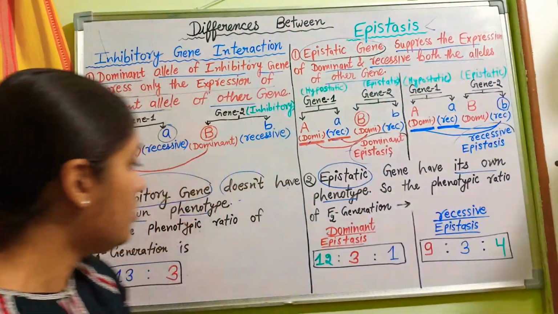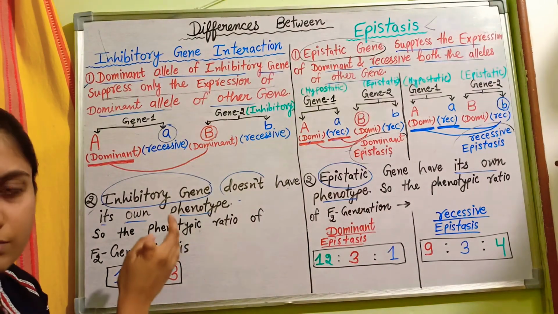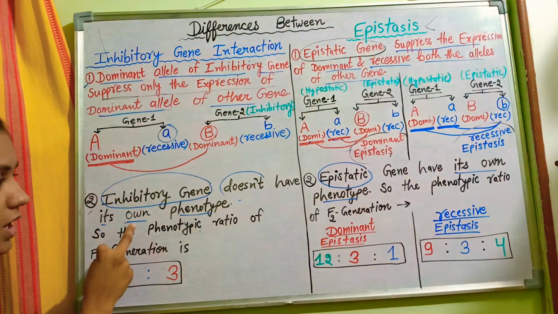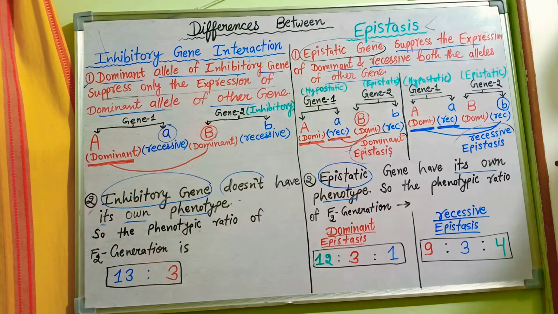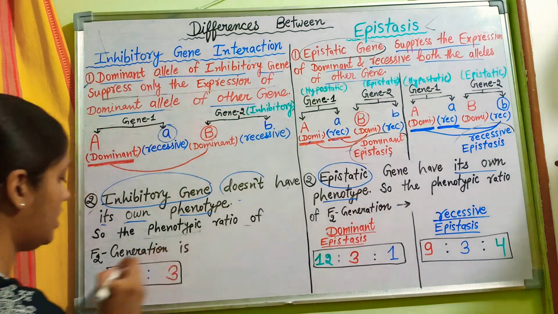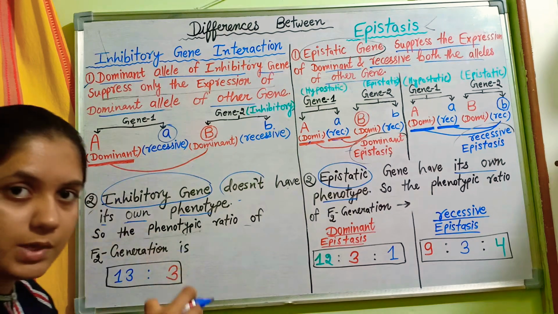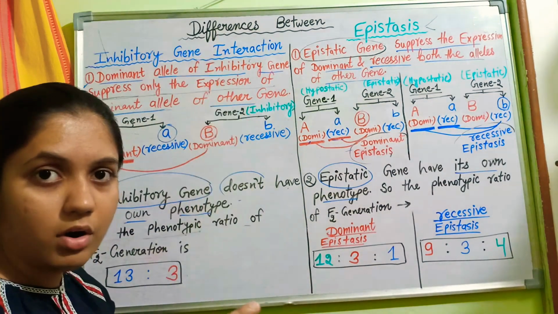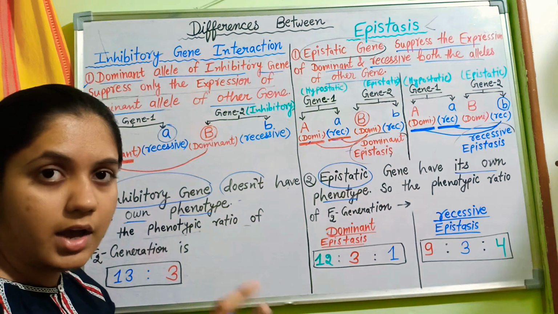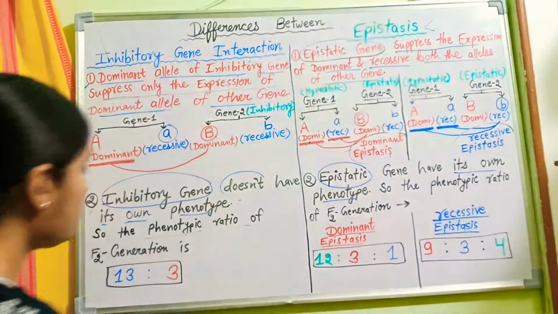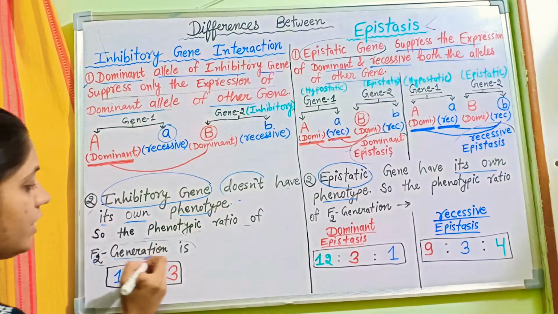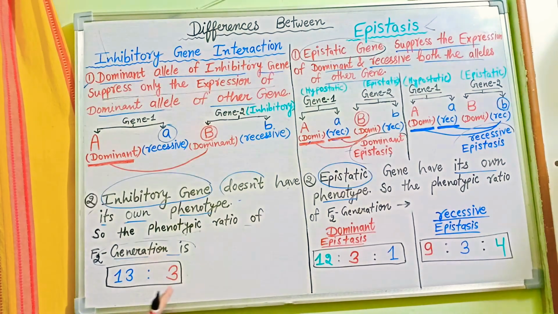Okay, so due to this, in the inhibitory gene interaction, the phenotypic ratio of the F2 generation, you can see in the previous videos, the cross I have already discussed in detail. Okay, so the ratio of the F2 generation is 13:3.